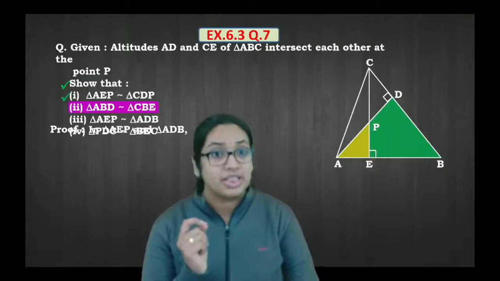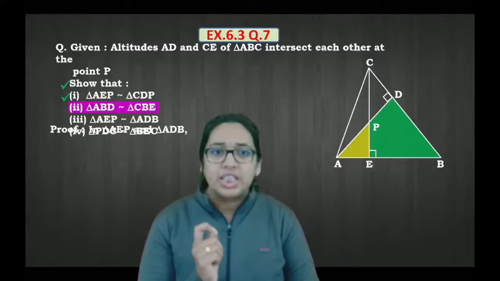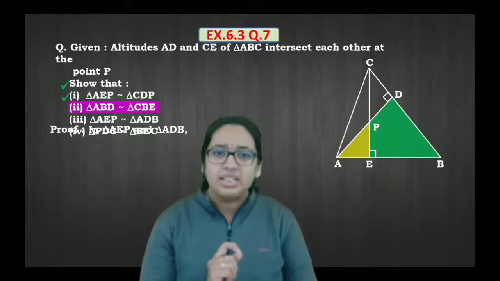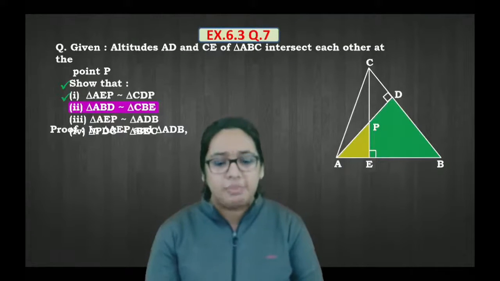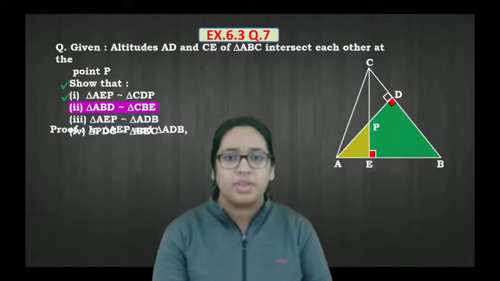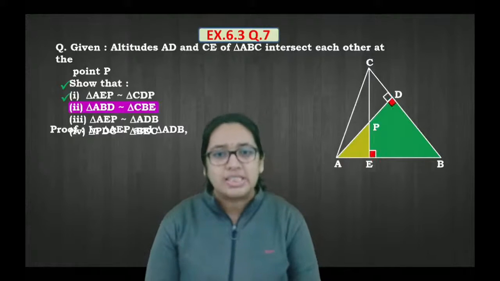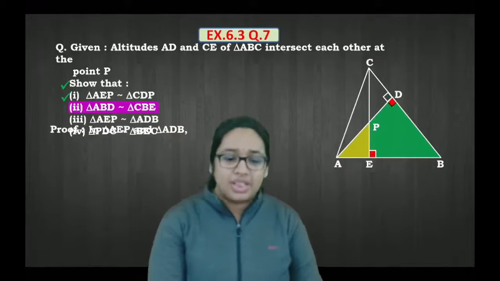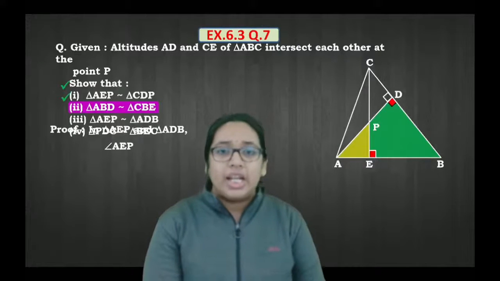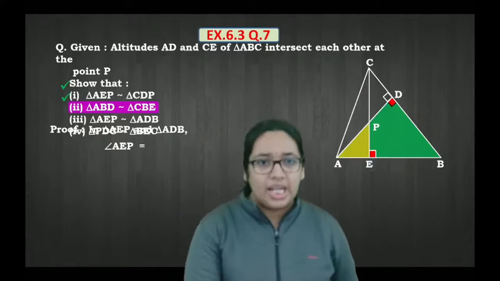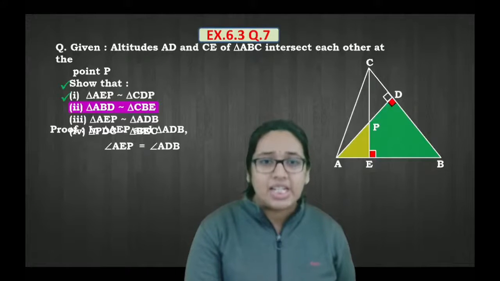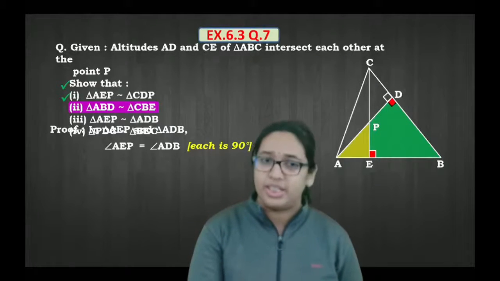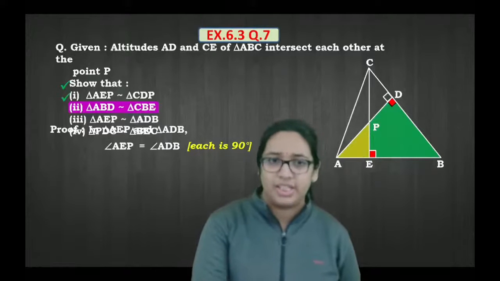The first sentence is that in triangle AEP and in triangle ADB, obviously, CE and AD are nothing but altitudes. So we can say that angle AEP and angle ADB will be equal. What will be the reason for it? Correct. Each of 90 degrees.